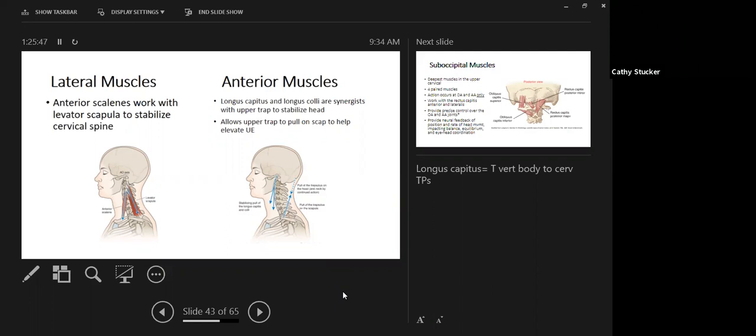And if the capitis and coli are functioning well, they will stabilize against the posterior pole of the upper trap to allow scapular elevation. You've got to fix one end of the muscle if you want to move the other one, right? So that dynamic fixation occurs with those anterior muscles.